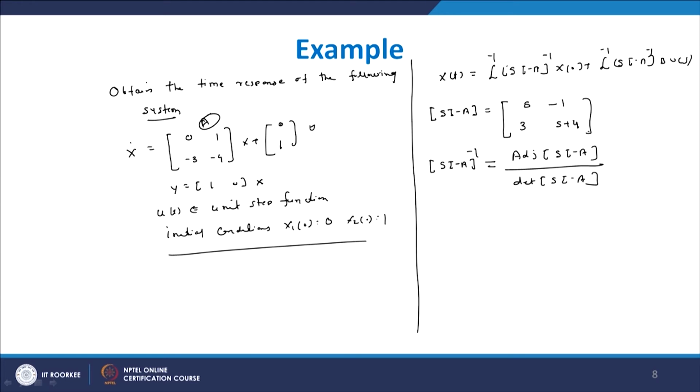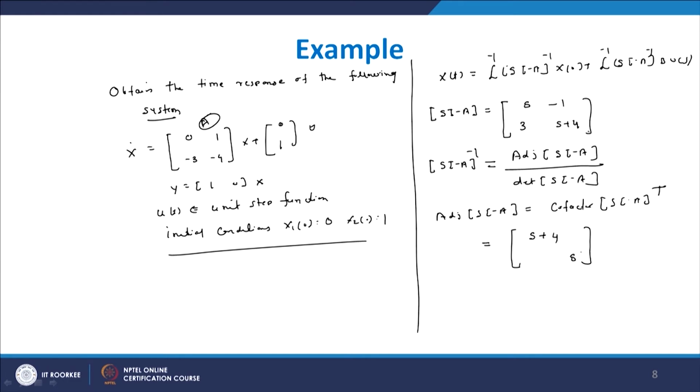And how do we define the adjoint of sI minus A? The adjoint of sI minus A equals the transpose of the cofactor matrix of sI minus A. First of all, we determine the adjoint. To get the cofactor, for s we get s plus 4, then for the s plus 4 we write s.